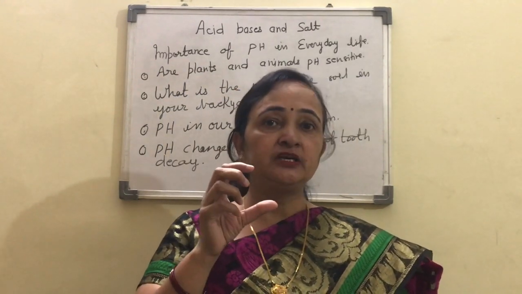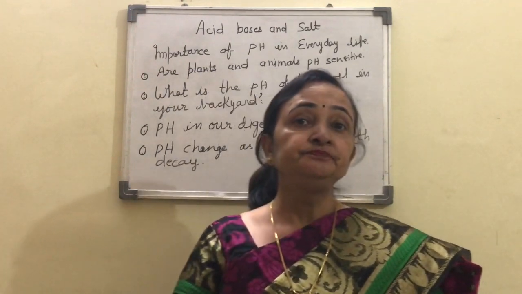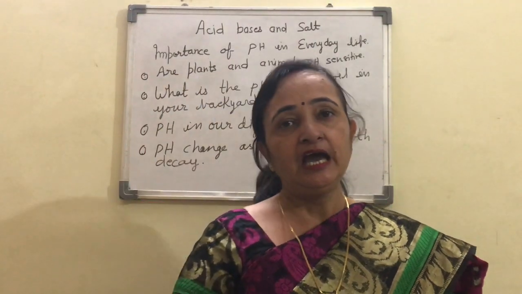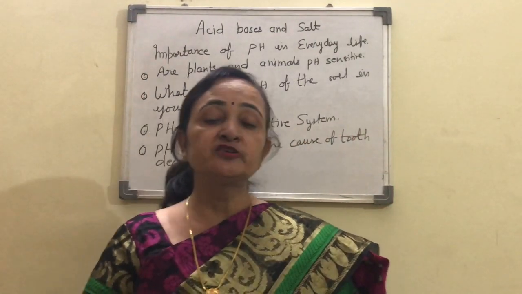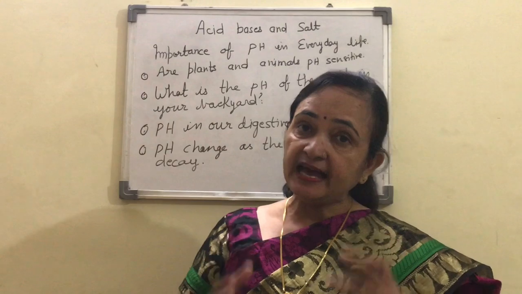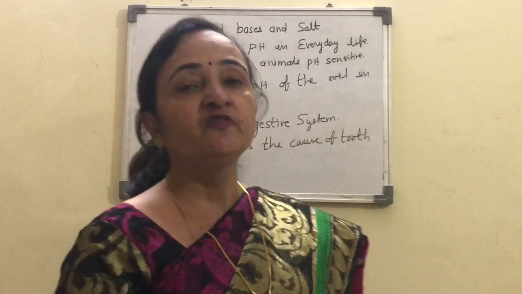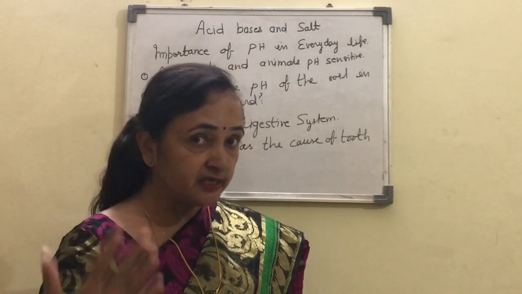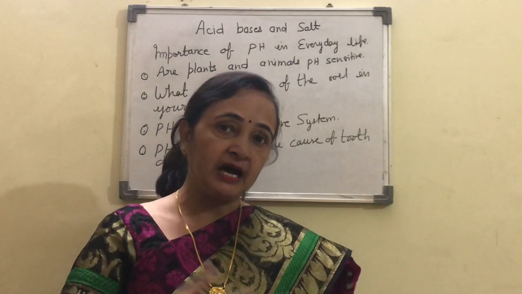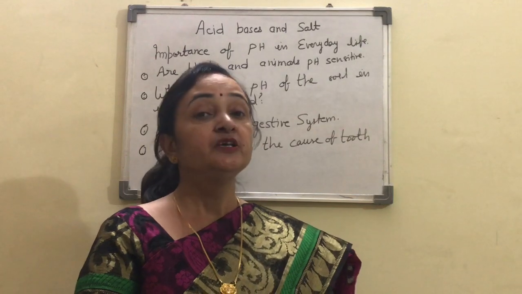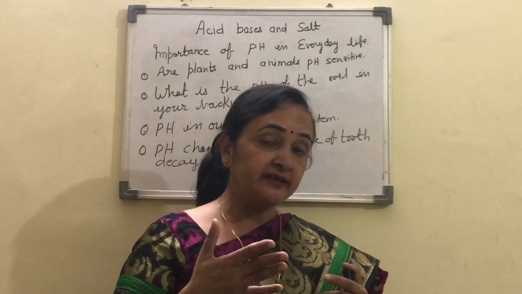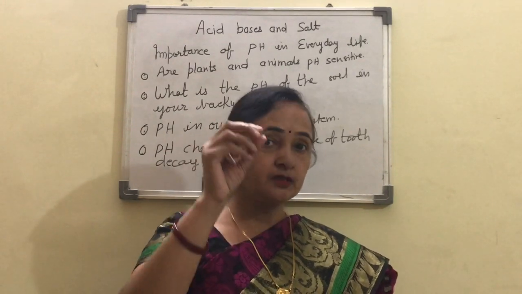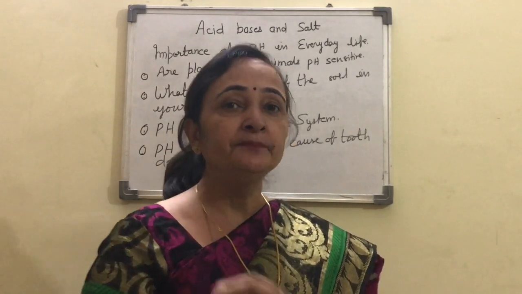The enamel part of the teeth is made of calcium hydroxyapatite, which is the crystalline form of calcium phosphate. So we can say that enamel is the hardest substance of our body. Even though it is the hardest, it can still be corroded slowly by these acids produced by the bacteria.